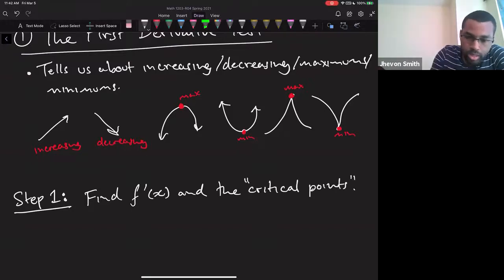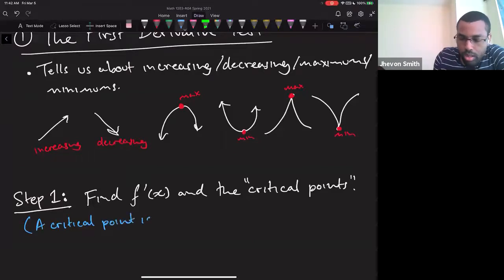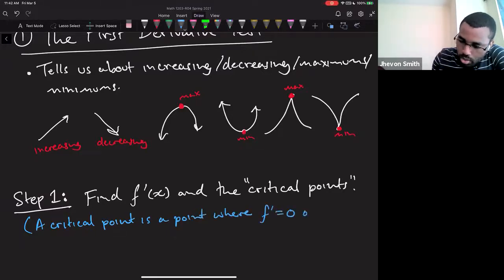Let me just mention here, a critical point is a point where f prime equals 0 or f prime is undefined.